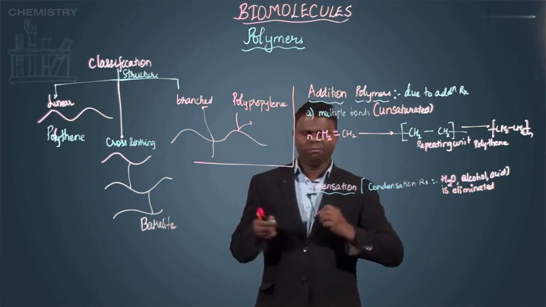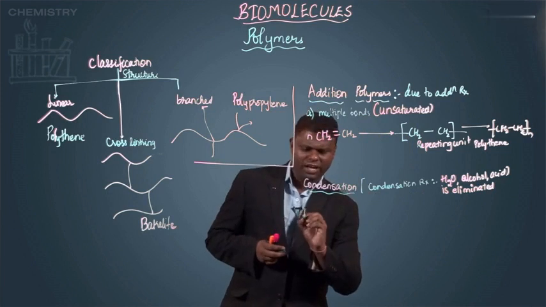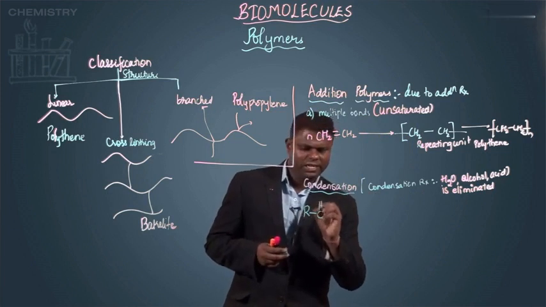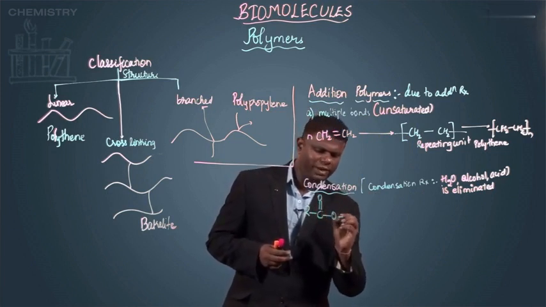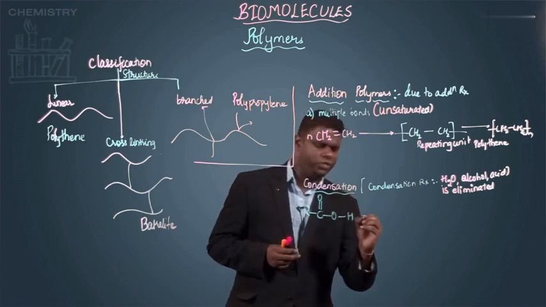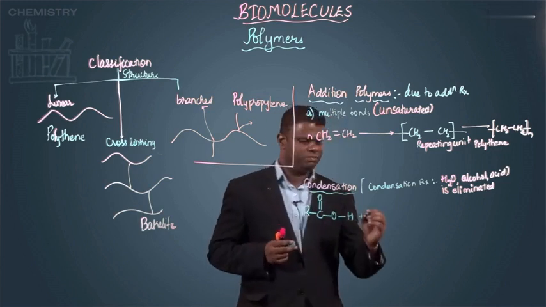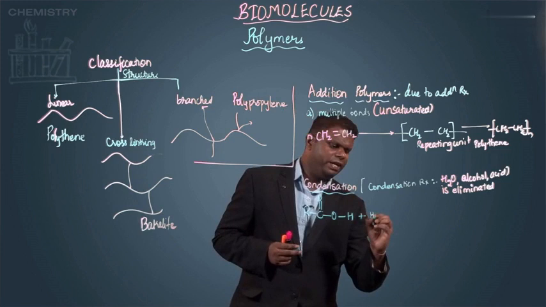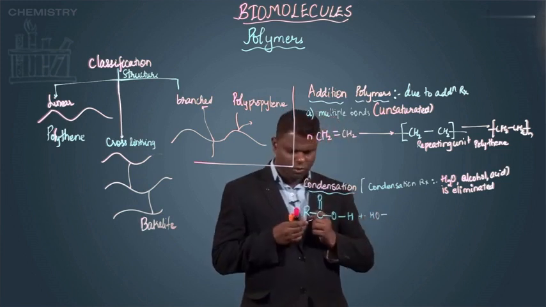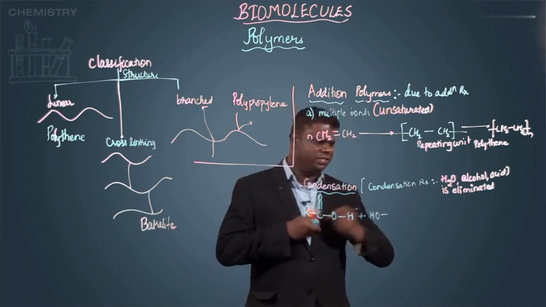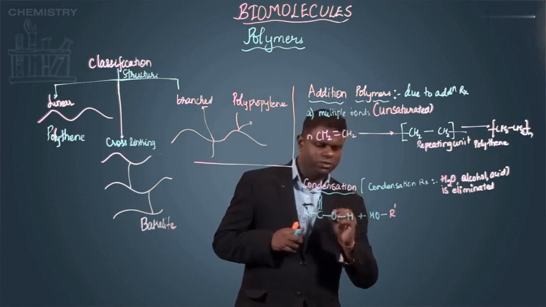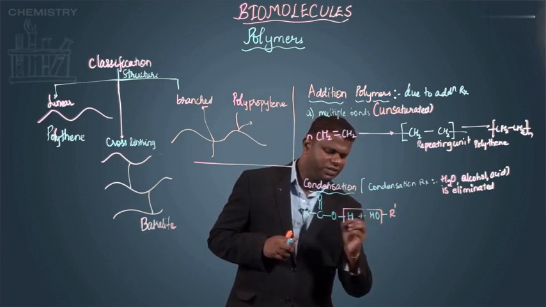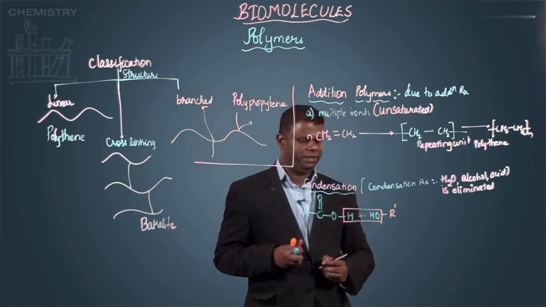So a common example: let's say you have something like RC=O OH, where R is nothing but a big chain, plus an alcohol molecule, HO-R'. So this is nothing but a condensation reaction in which a water molecule is eliminated, right?